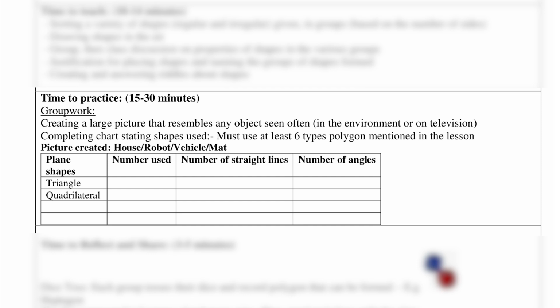For example, if they would have used triangles in their picture, they will write the word triangle, then they count how many triangles they would have used. They go to quadrilaterals, they count how many quadrilaterals they use, and for quads, if they want to get into, say, parallelograms or rhombus, it's up to them, no problem. They will continue like that, check to see if they use pentagons, and we go on to hexagon for this class.